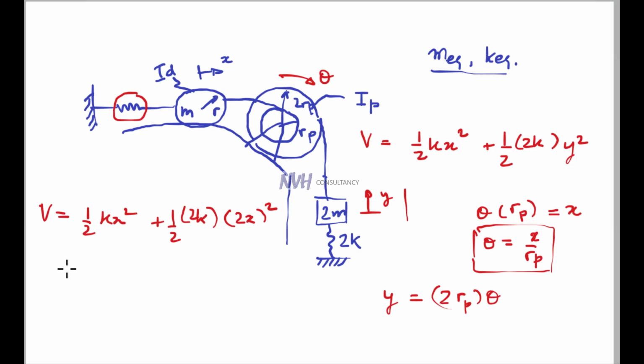So this is then equal to half 9k x square. Okay, so that's what we have done. You can write y equals 2x, and this 2x we have used over here.